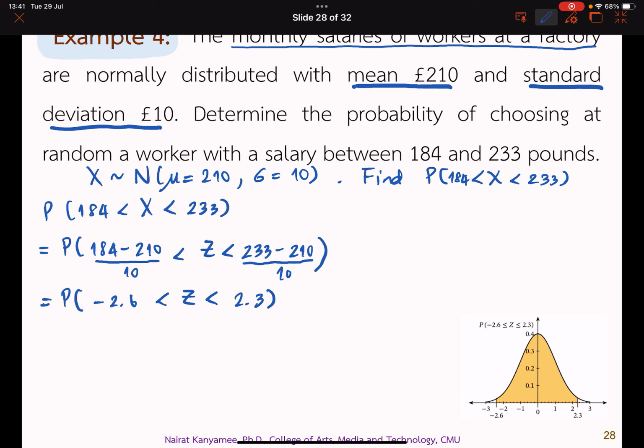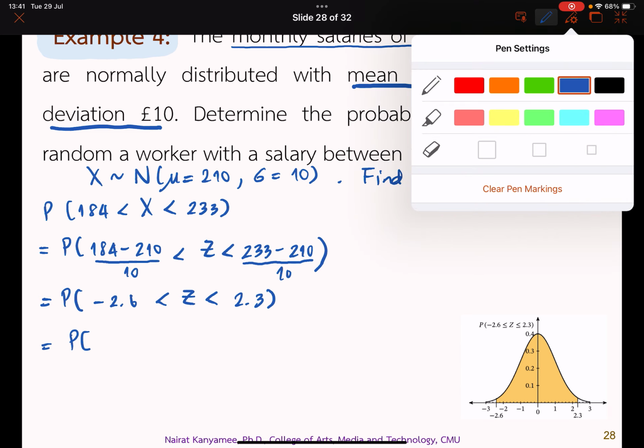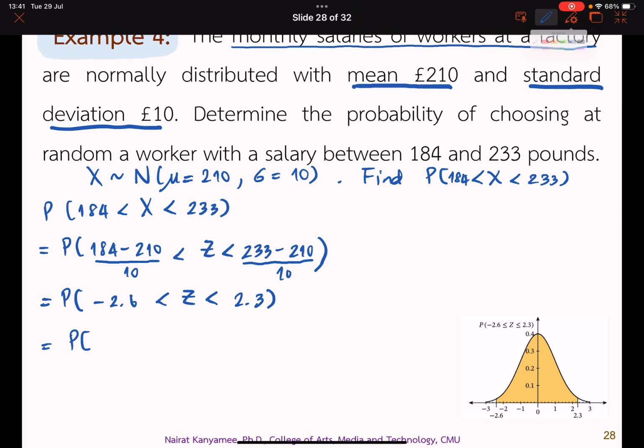Again, this is a piece in the middle, so it is P of Z less than 2.3 minus P of Z less than minus 2.6.